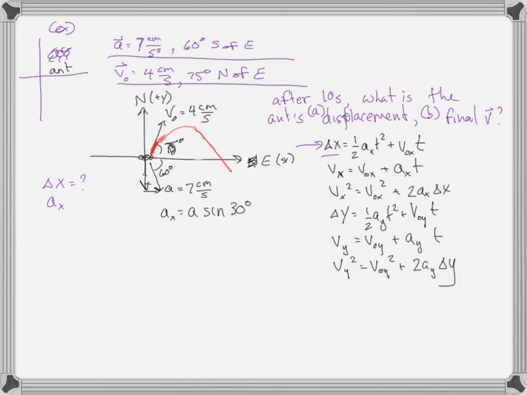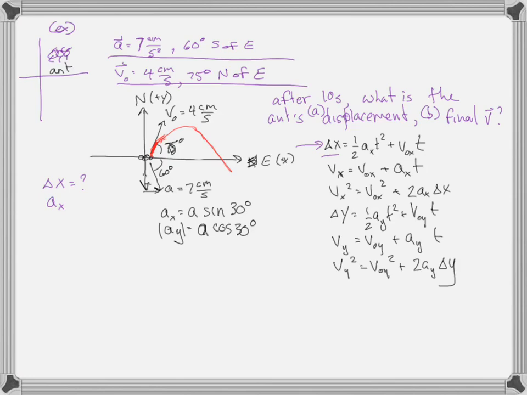Go ahead and look at that triangle, figure out why that is the case. A sub y is in the minus y direction, but the magnitude of a sub y is a times the cosine of 30 degrees. You can figure out why that is true. And a sub y points in the negative y direction. We have to use that later.